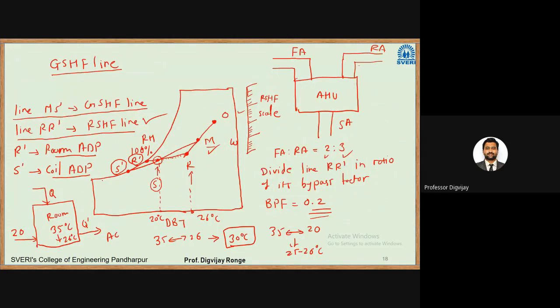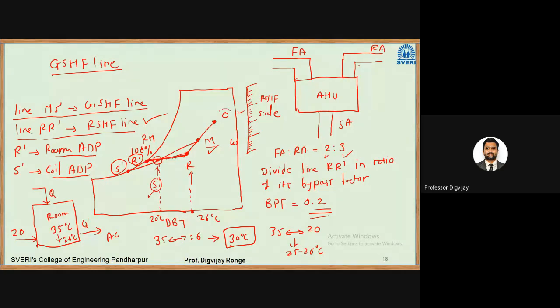The next was the GSHF line. We have seen previously how to draw the RSHF line. So R to R, here it is the RSHF line. Then you have to divide that line considering the bypass factor. You will get a point S, and you join point S with the mixing point.